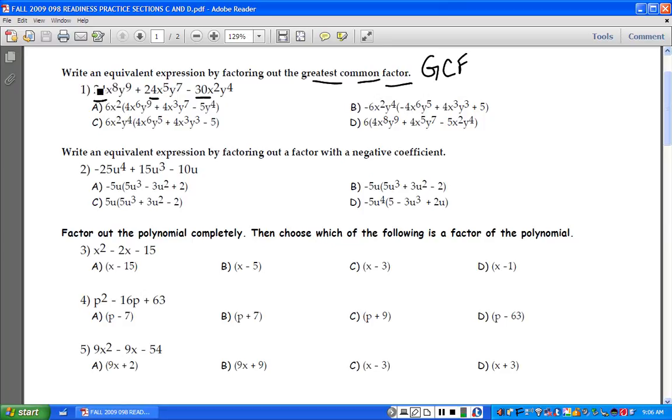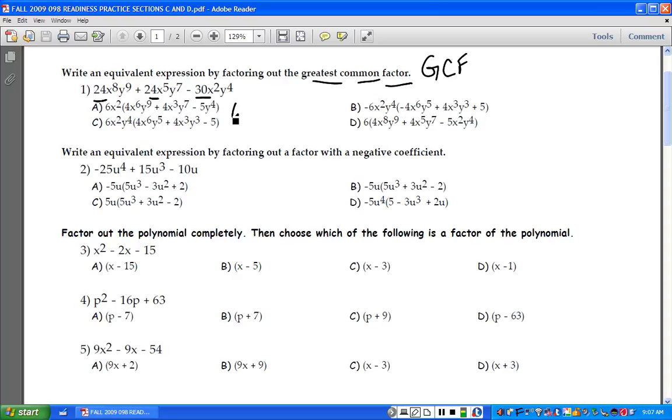So in this case, a number that goes into 24, 24, and negative 30. Off the top of our head we say 6 would. 6 would go into 24 4 times, 6 would go into 30 5 times. So that takes care of the coefficients.